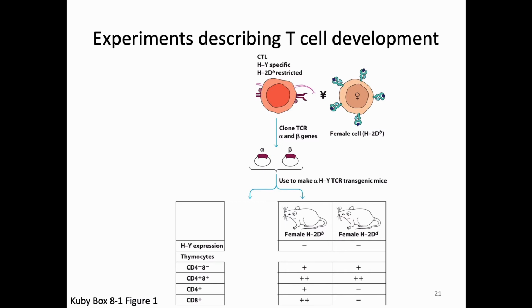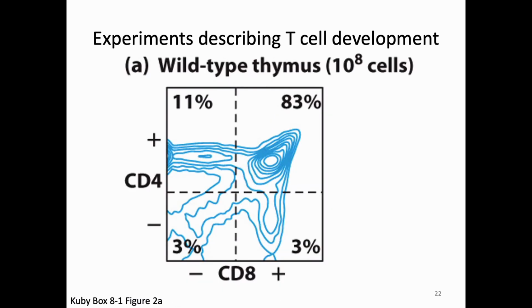So remember, if we look at the thymus from our normal mouse at the mouse store, this is what we see. We see some double negatives, we see double positives, we see single positives. So that's this. Now we can look at the thymus of our mice.